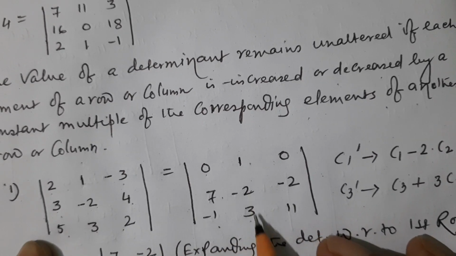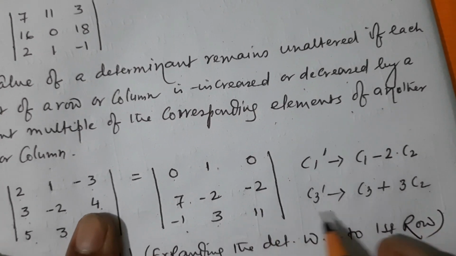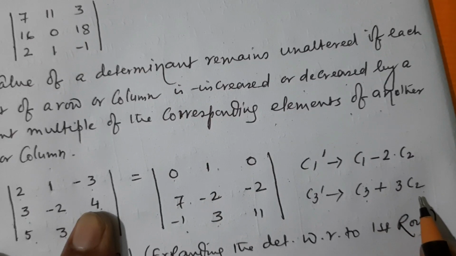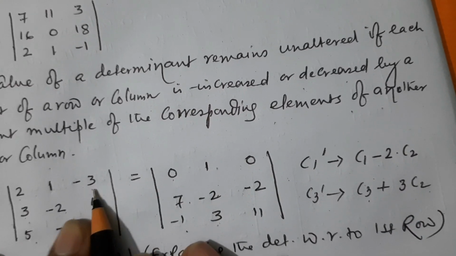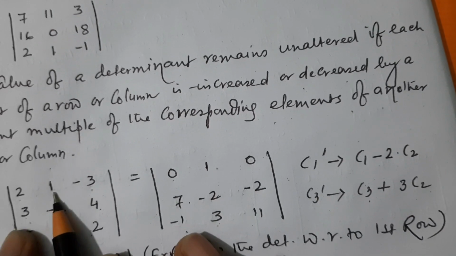Sorry, the third column also we can operate: C3 equals C3 plus 3 into C2.